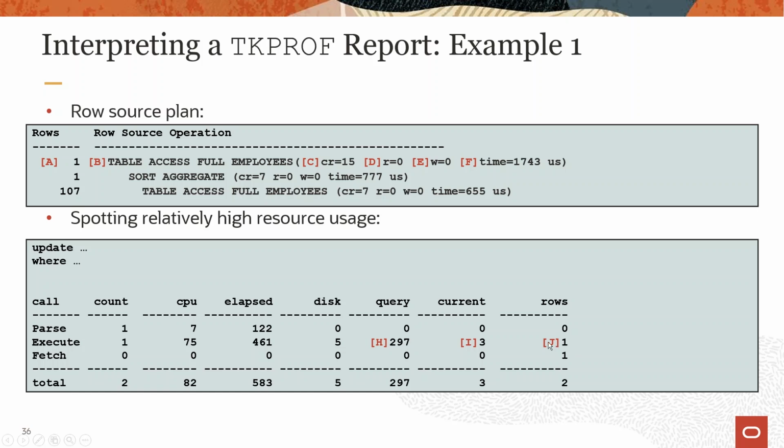And statistic J shows that only 1 row has been updated. Now, reading 297 blocks to update 1 row is a lot of work and tends to indicate that that access path is not efficient. Maybe by creating an index, this can improve the access path efficiency.